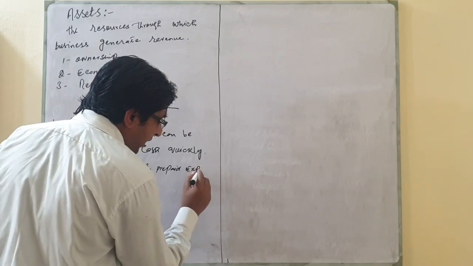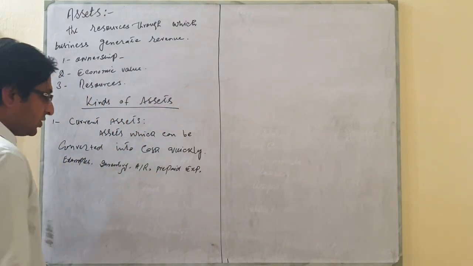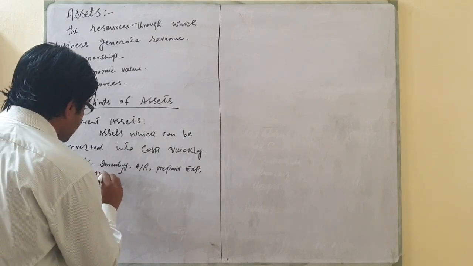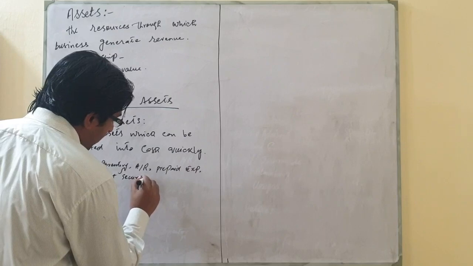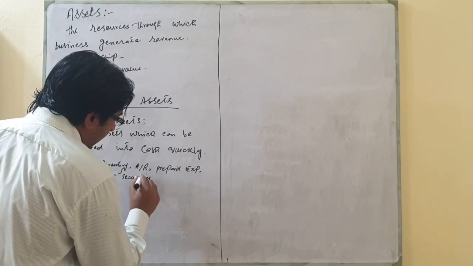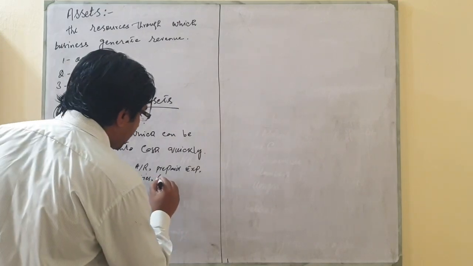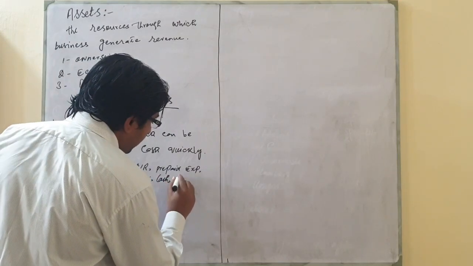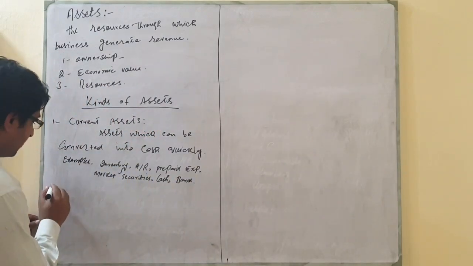Expenses which we have paid in advance, we can convert them in cash. Market securities. And some other types which are in the form of cash, like cash itself, bank balance. All these are current assets.